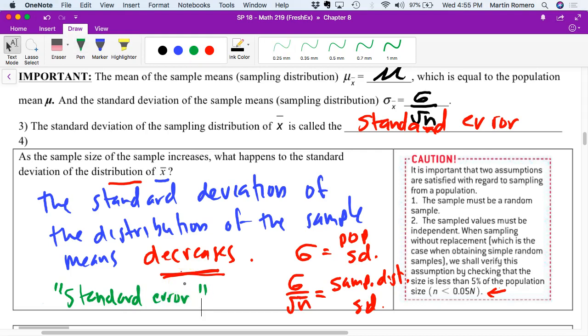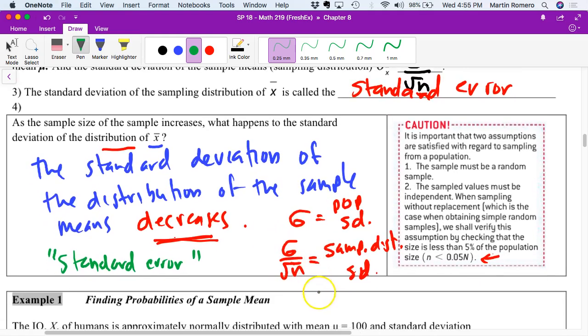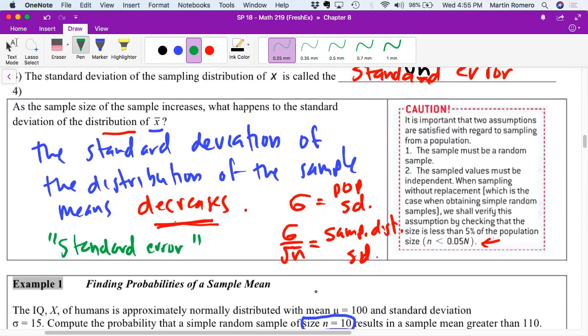It's important to know that these conclusions are correct. This is the population standard deviation, and the standard deviation of the sampling distribution is going to be equal to the standard deviation divided by the square root of n. These are important results. Using them, we'll solve the probability questions down here.